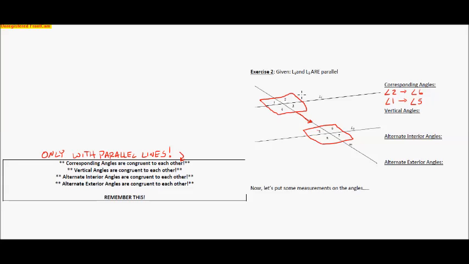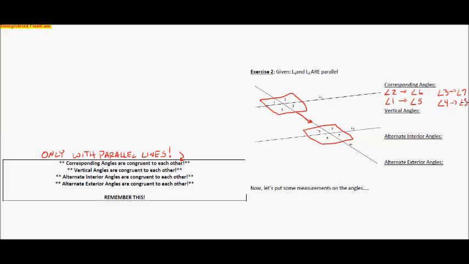Okay, angle 3, this one right here, would match up with angle 7. So I'm going to list those over here, and I'm using a little arrow to show that one is corresponding with the other. You could put just a little comma that they're going to match up. And angle 4, alright, angle 4 is corresponding with angle 8.